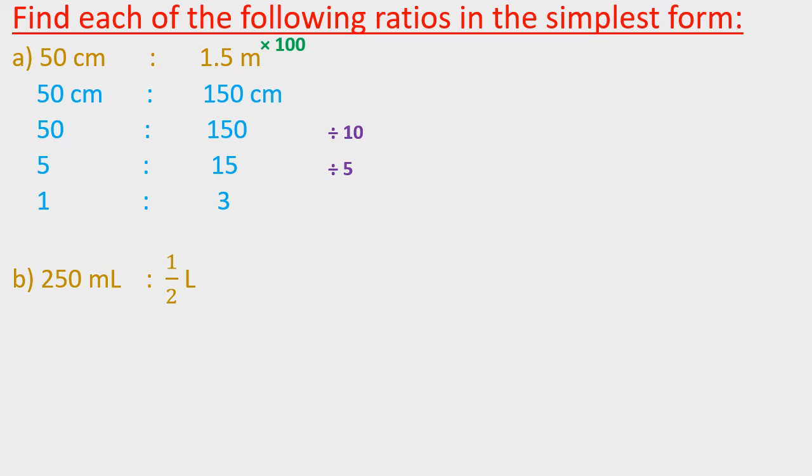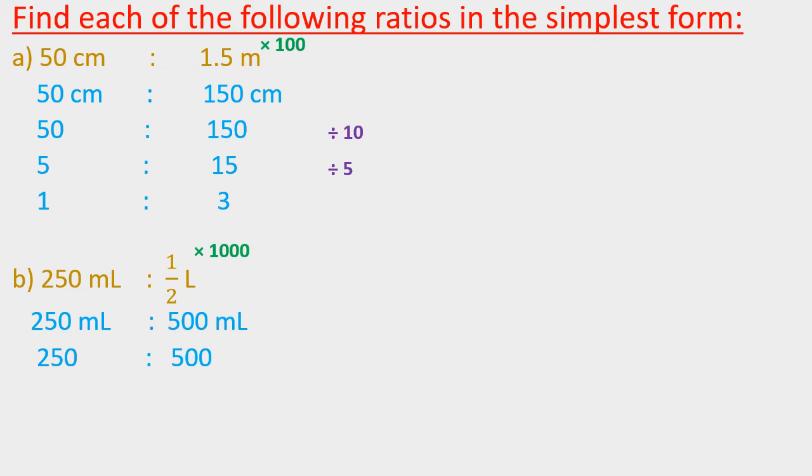Half a liter, we can multiply by 1000 to convert it to milliliters. Half times 1000 equals 500. Then we have the ratio 250 milliliters to 500 milliliters. We can ignore the units, then we have the two numbers, 250 to 500.